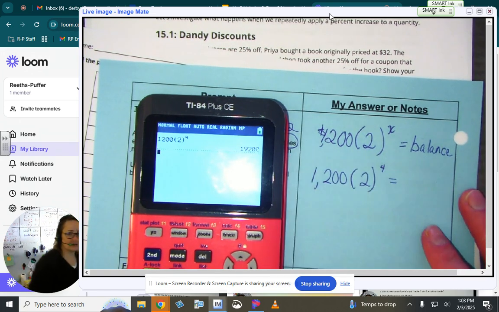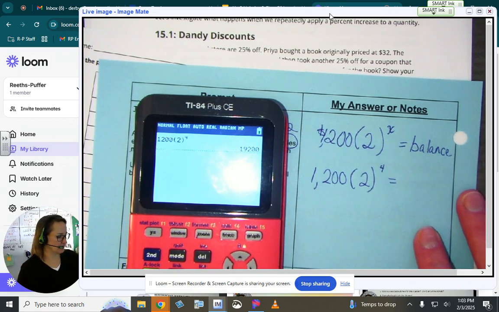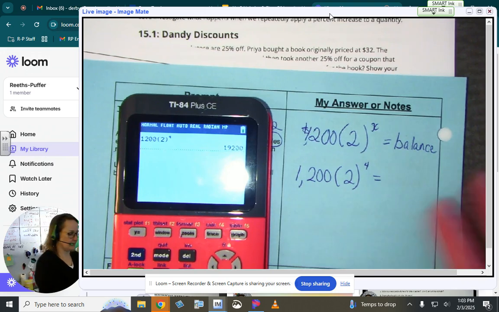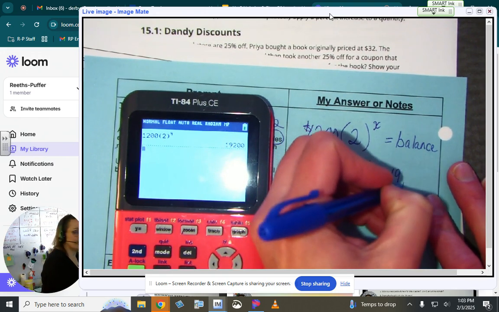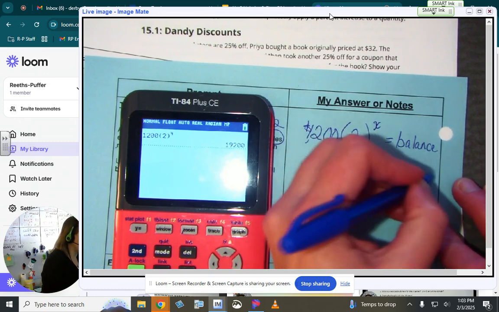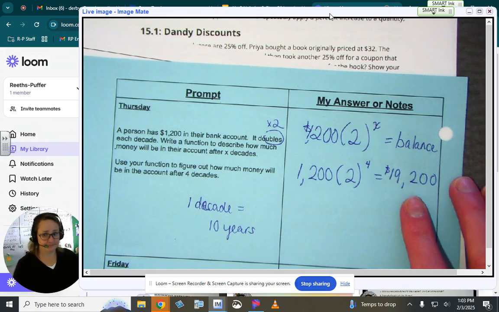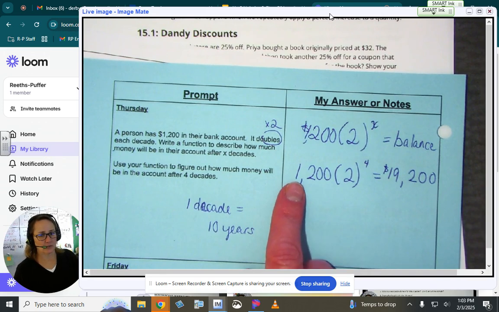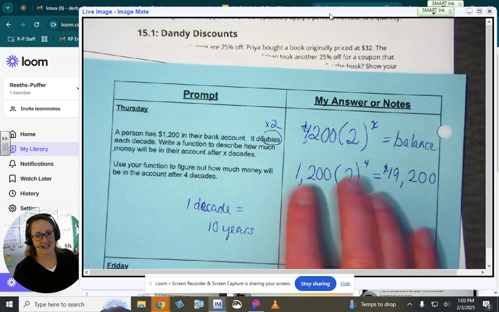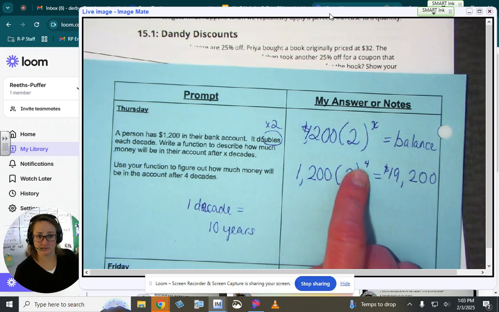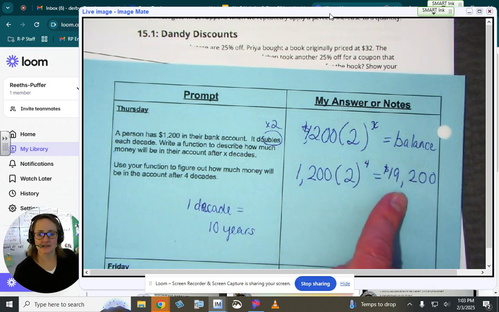And if we can really double our money every 10 years, this $1,200 investment ends up being $19,200. So that's a really good rate of return right there. If I just put $1,200 in a bank account and let it sit there and just keep on doubling, and I can do that for 40 years, that's a really nice return.